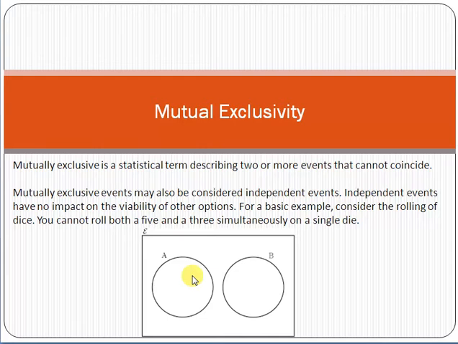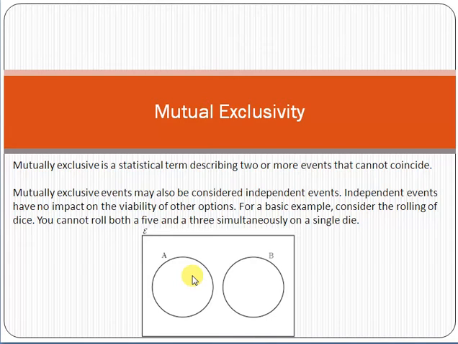Are you getting my point? For example, the first time you throw the dice and the number 1 came, and then the second time you throw the dice, the number 2 will come. However, the number 2 is not dependent on number 1, and it is not possible that 1 and 2 came at the same time at the same occurrence. Okay, are you getting my point?